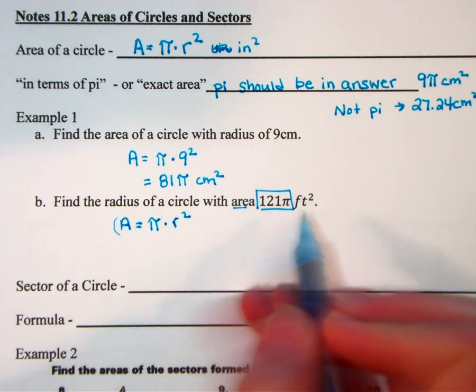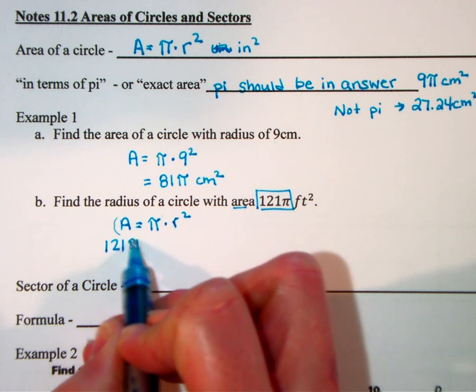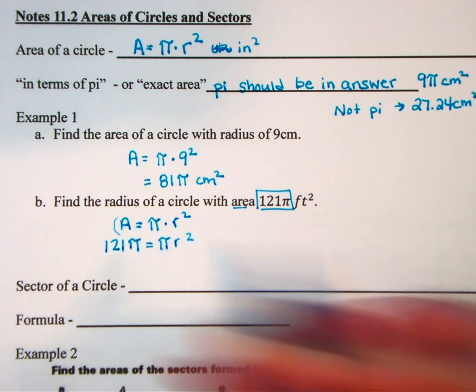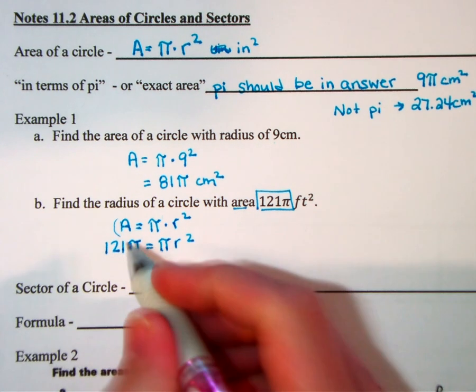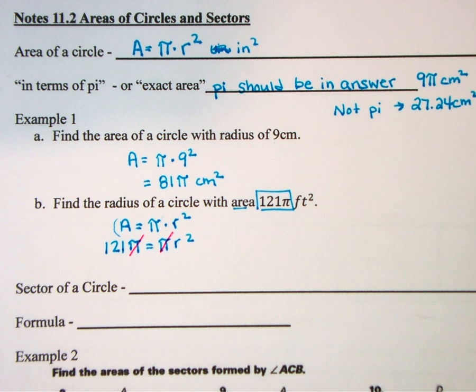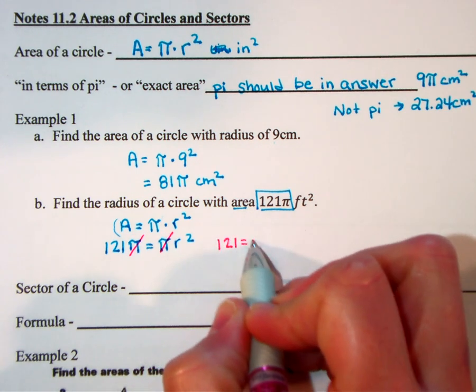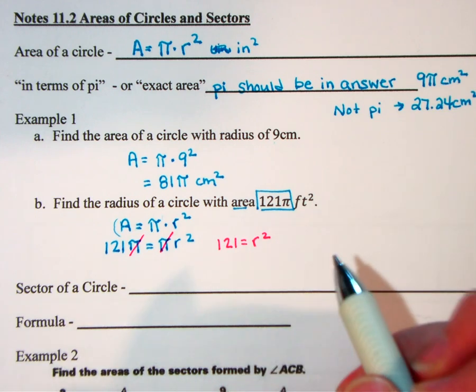Okay, so 121 pi would go here. 121 pi is equal to pi radius squared. And right here is where you can tell why we leave things in terms of pi, because here the pi's can cancel out. And so you're left with 121 is equal to radius squared. Okay? So then radius would be 11.